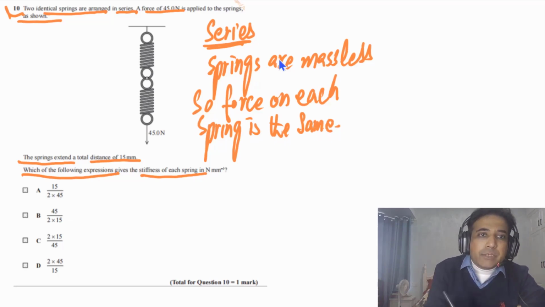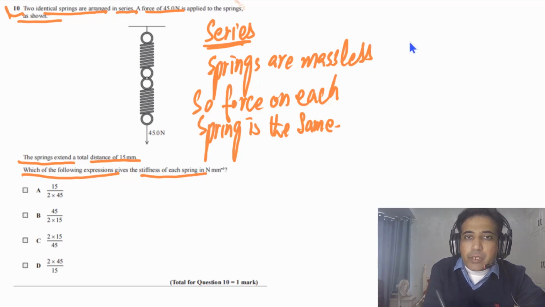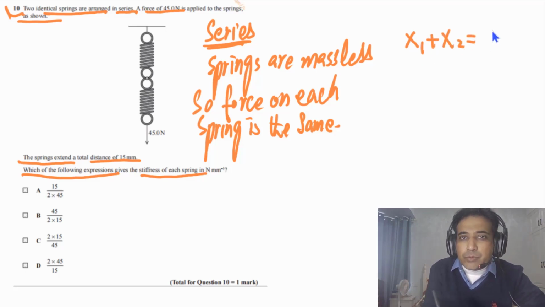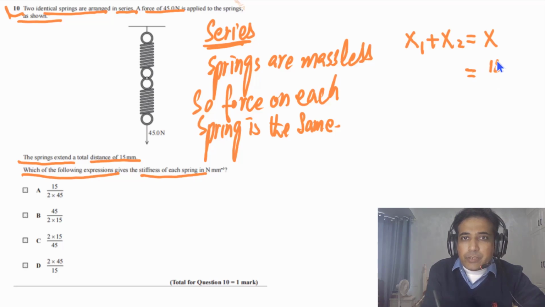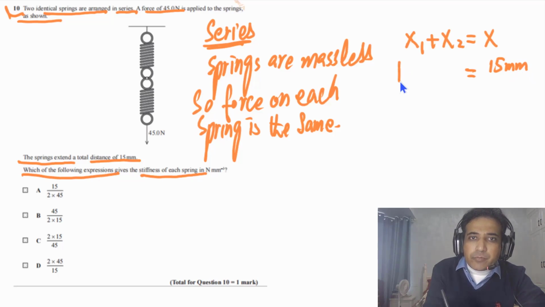If this concept is clear to you, now we can simply write down the total extension we have. That has to be equal to x1 plus x2, and this is equal to x, the total extension. Total extension is given to us, that is equal to 15 millimeters. And x1 we can simply find out.